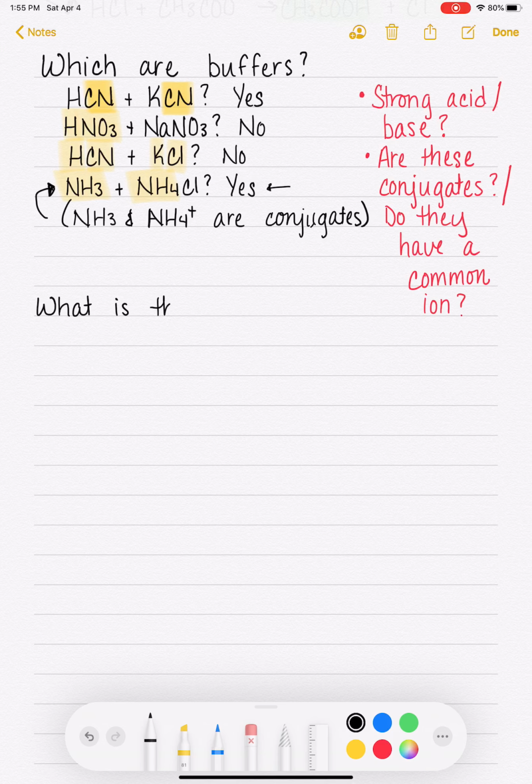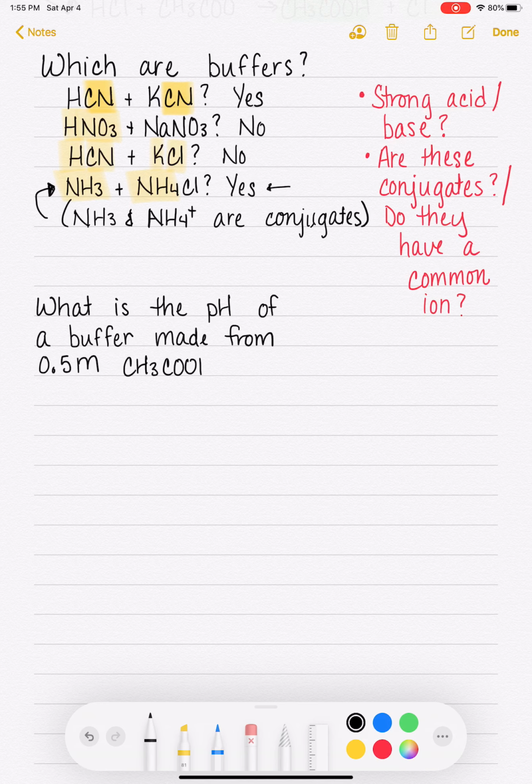What is the pH of a buffer made from 0.5 molar acetic acid, CH3COOH, and 0.5 molar acetate, CH3COO minus. The pKa of this acid is 4.74.